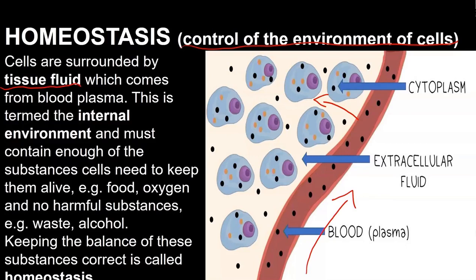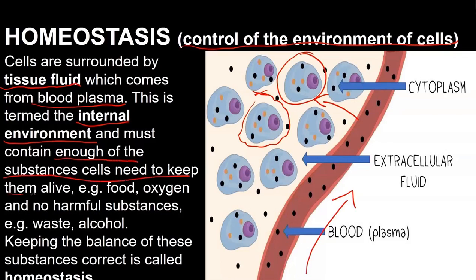So tissue fluid basically comes from blood plasma, and tissue fluid surrounds the cells, so we call it the internal environment. And it's very important that in this internal environment surrounding the cells, this yellow substance here, which is all the way around the cells, it's got to have enough of all the substances that cells need.